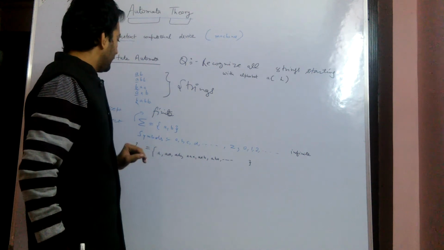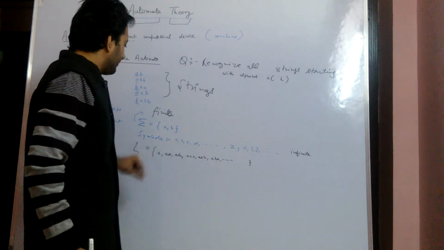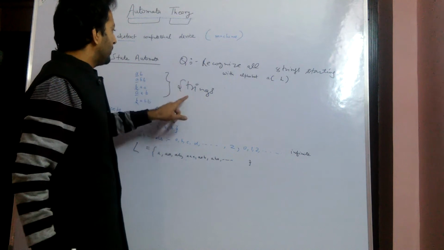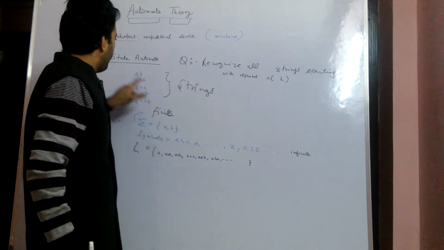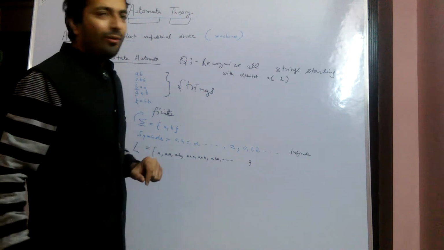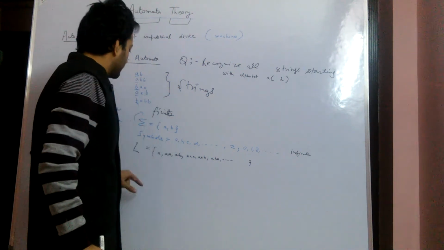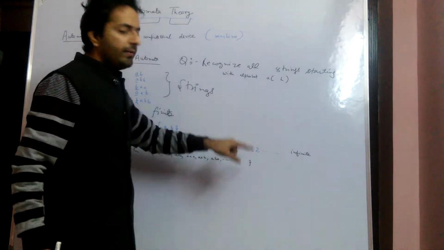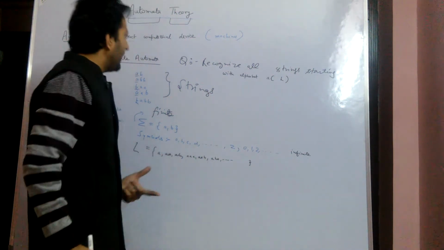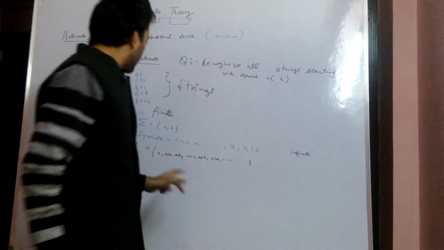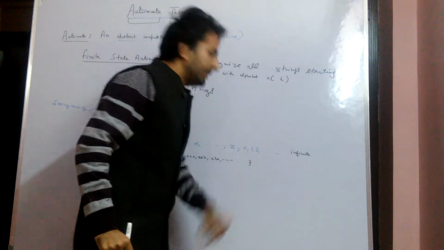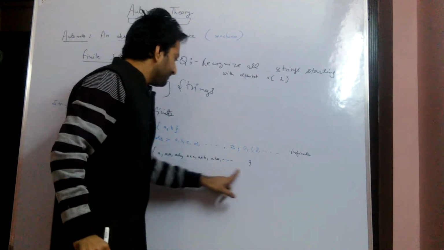Second thing is the strings. We have strings which are made from these particular alphabets only, and a particular set of the strings belongs to our language. So we want to design a machine that is going to recognize all these strings.